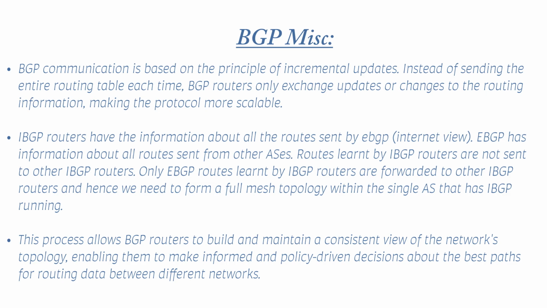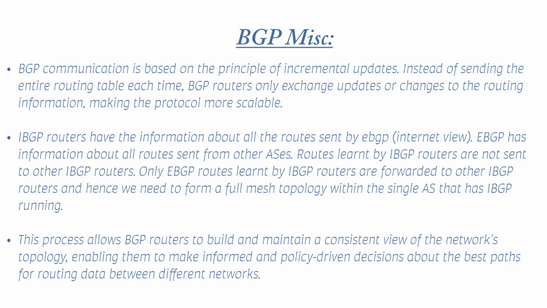So this process allows BGP routers to build and maintain a consistent view of the network's topology, enabling them to make informed decisions about the best paths for routing data between different networks. So this is how EBGP has all the information about the routes present in a different AS, and the IBGP routers have the information about all the routes present on the internet, which they learn from their EBGP routers.